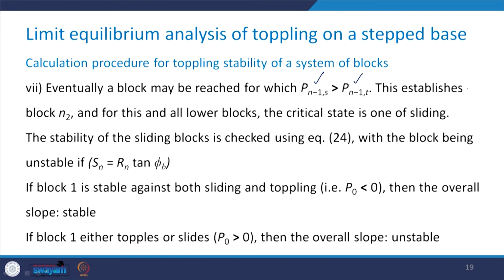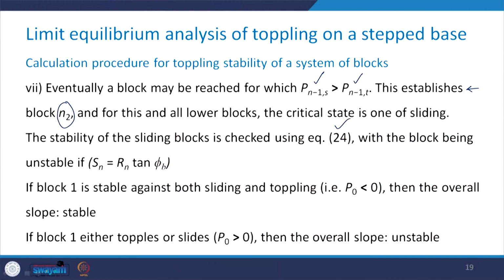So, this will establish the block N2, and for this and all the lower blocks, the critical state is going to be that of sliding and not toppling. So, the stability of the sliding block is now going to be checked by using equation number 24, with the block being unstable if Sn is equal to Rn tan of phi b.